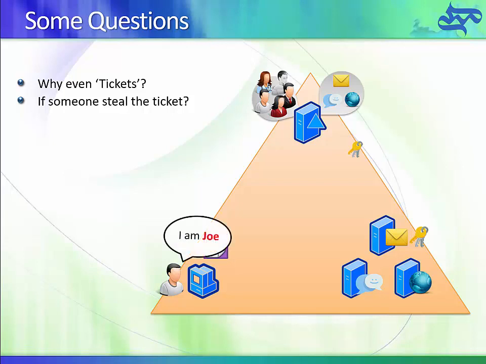He can say, I am Joe, although he is not Joe. When the user account again accesses another ticket of another person, he can simply say, I'm Sarah. He can fake the identity of the owner of the ticket.